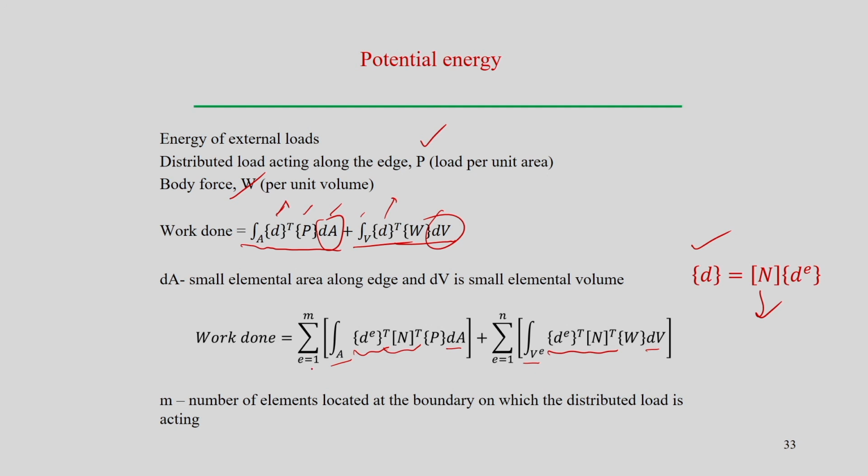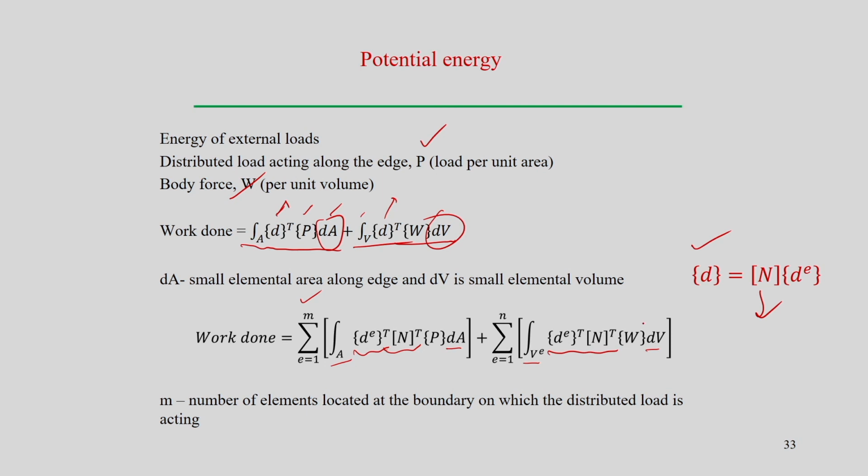Suppose m elements are associated with the application of some kind of boundary load, that means the distributed load over the boundary. Not necessarily all the elements will be subjected to some sort of distributed load. But all elements have to be considered if there is a volumetric load, that means body force.